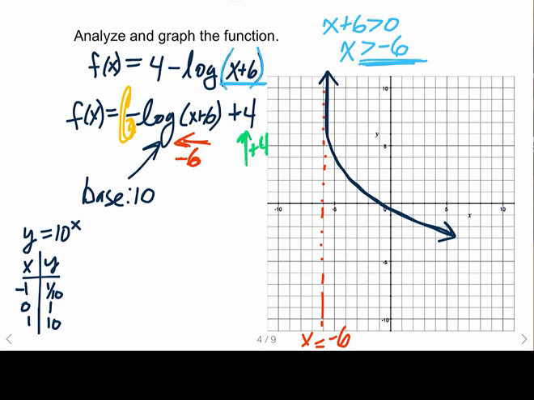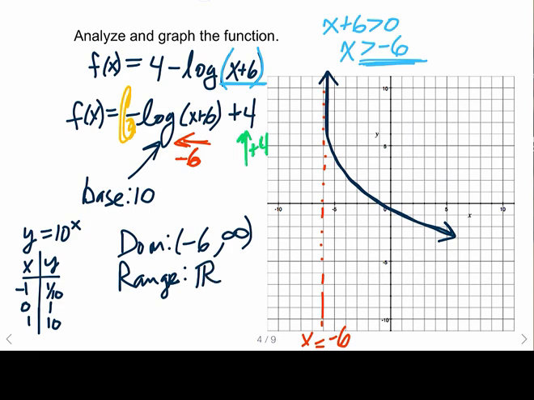I can put in a negative number provided that I'm not finding the log of a negative number. What we have in this case is that the domain is -6 to infinity. The range is, as usual for logarithmic functions, all real numbers. And then we have the vertical asymptote of x equals -6.